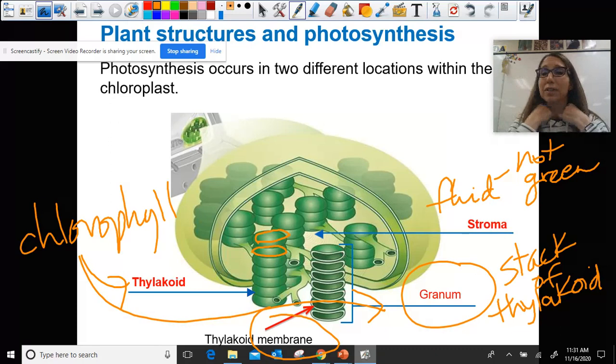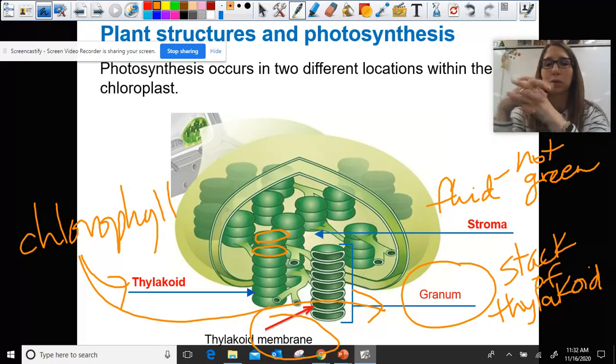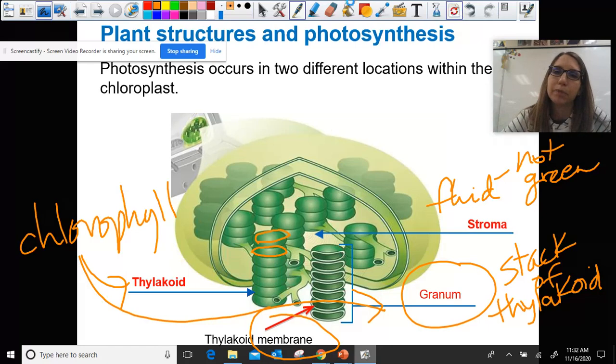Okay, so the part that relies upon absorbing sunlight has to be taking place in our thylakoid membranes because that's where we find our light absorbing pigments. The fluid, the stroma that surrounds these grana, that's also found within this chloroplast but is not green, is where we're going to do really the second step of photosynthesis, which is the part that does not require any sunlight. Okay, so this becomes important as we start to outline those steps.